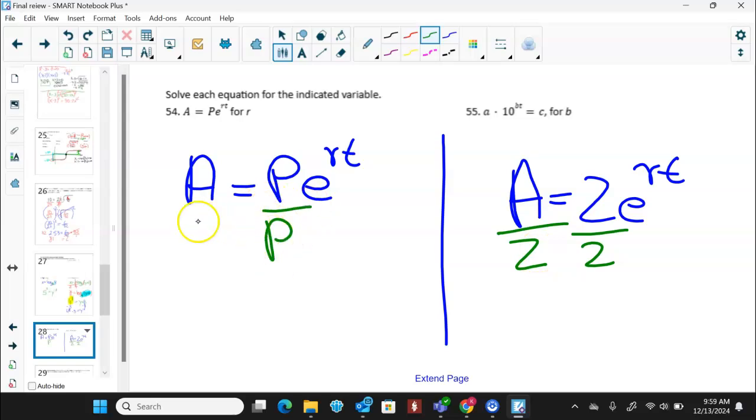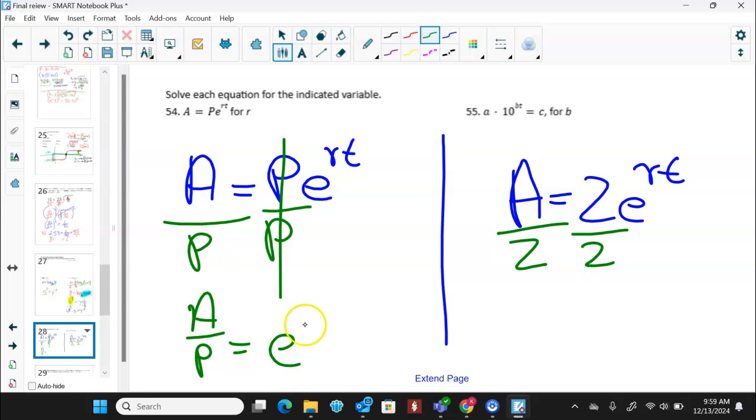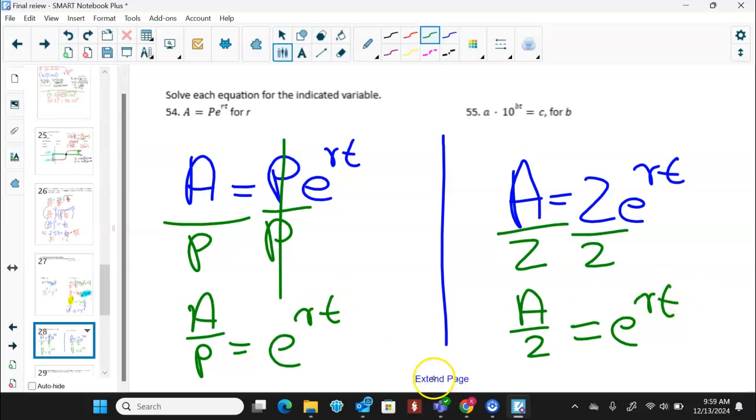We've got to get rid of the P to leave the e by itself. So now this side becomes A over P, and this side becomes e^(rt). This side becomes A over 2. Well, even if there was a number there, you would do that. And that becomes e^(rt).